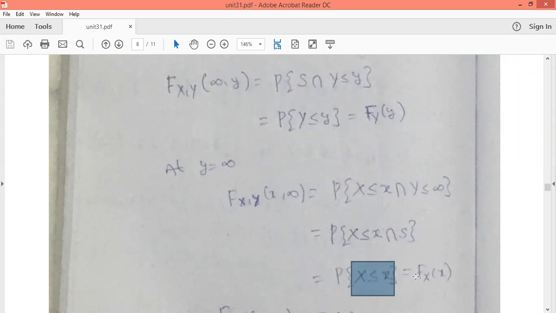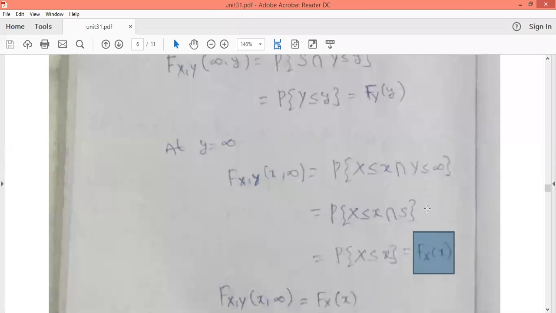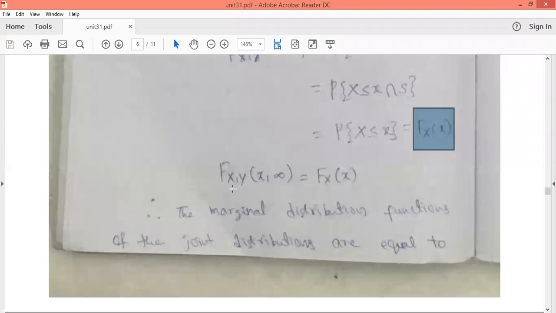Now what is that it gives? If y is equal to infinity, then it gives us Fx of x. What is Fx of x? It is called the marginal distribution function. Okay, so this is our sixth property. So from this, Fxy of x comma infinity will be equal to Fx of x only.